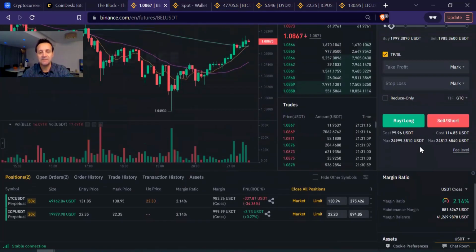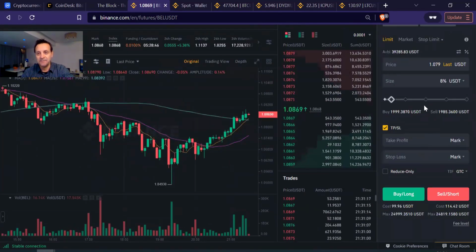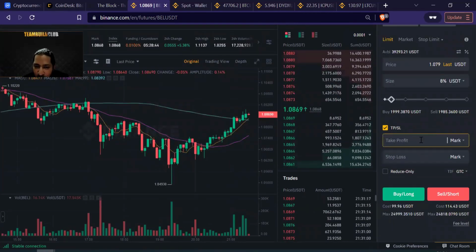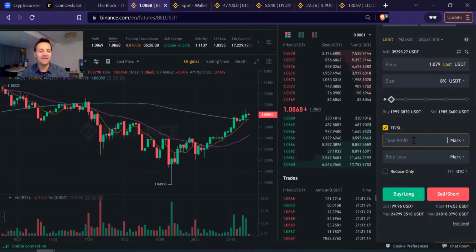Yes. So now the next thing we need to do is set up the amount at which we want to close this trade, which is called take profit. Let me explain, rephrase the take profit. It means that now the price I want to buy the coin at is 1.079.